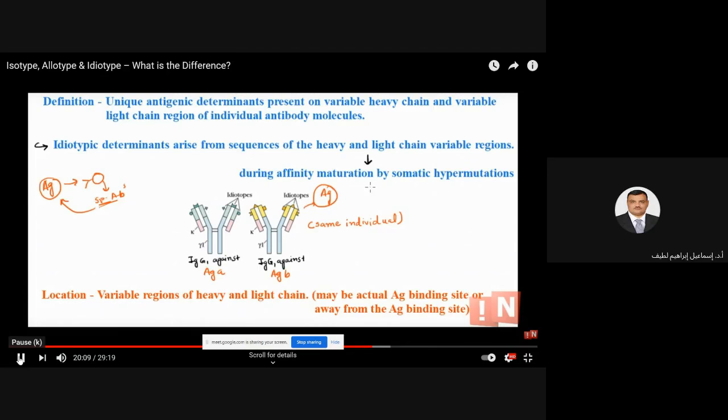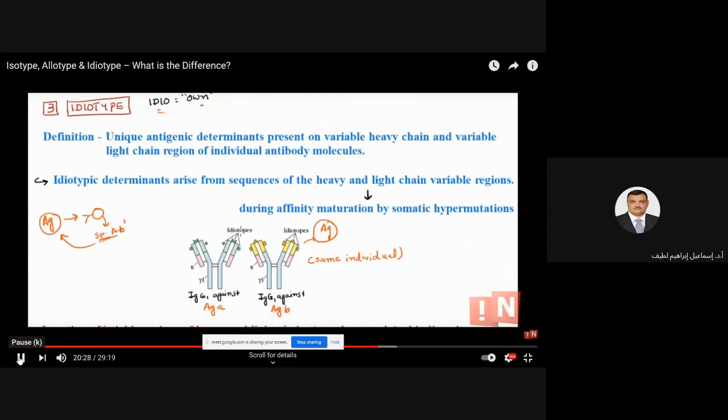Now imagine, the antigens I might encounter during my life are not going to be exactly the same as anybody else's. My antibodies are going to be very, very specific, very peculiar for that particular antigen. So that is what an idiotype is. Idiotypes arise from the sequence of heavy and light chains of the variable region, because that is the region that binds with the antigen, isn't it?